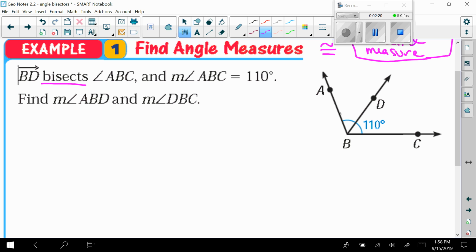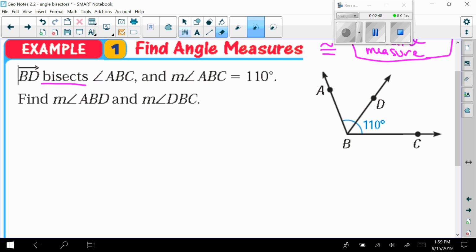So you see angle ABC is over here, this obtuse angle. Then we have ray BD, and it bisects it. So what does bisect mean? It means cut into two equal parts, right? Two congruent parts. So that would mean that this angle going from here to here is the same measure as this angle going from here to here, okay? So that could help us.